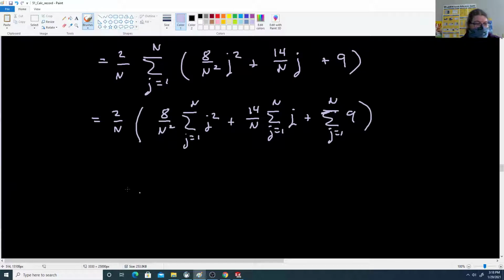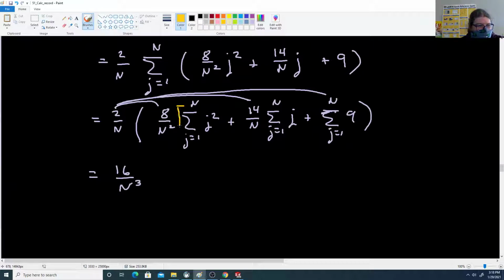Okay, so let's see here. Let's let the 2 over n distribute to everyone. So we get 16 over n cubed. This right here is a power sum, so I'm going to use its power sum representation to write out here.